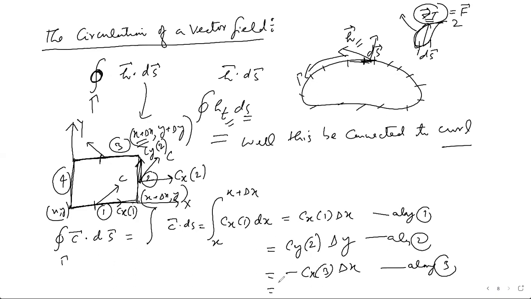And now again Cy4, but that will come with a minus sign, Cy4 delta y, along this one. So now these are all the equations, and if you sum over all these things, you will get the total C dot ds.